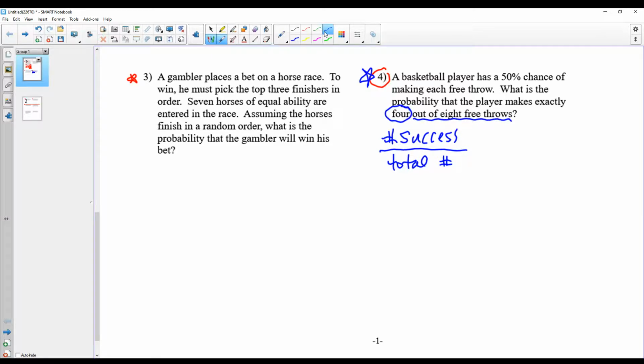So how many ways can we do 4 things out of 8 tries? So that's a combinations. So we're choosing 4 out of 8. And this is just a calculator part. And we get 70 ways. So there's 70 ways to do 4 things out of 8.